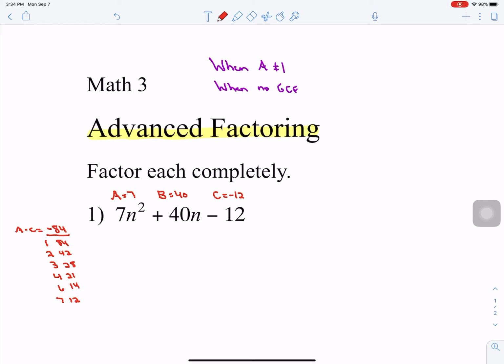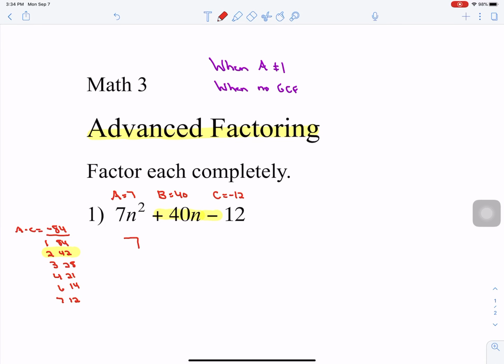Looking at that pair, we want to choose the pair that will add up to a 40 when I subtract them. Okay, so I'm going to be using this pair right here, 2 and 42. And because I need that 40 to be positive, I need for that 42 to be positive.